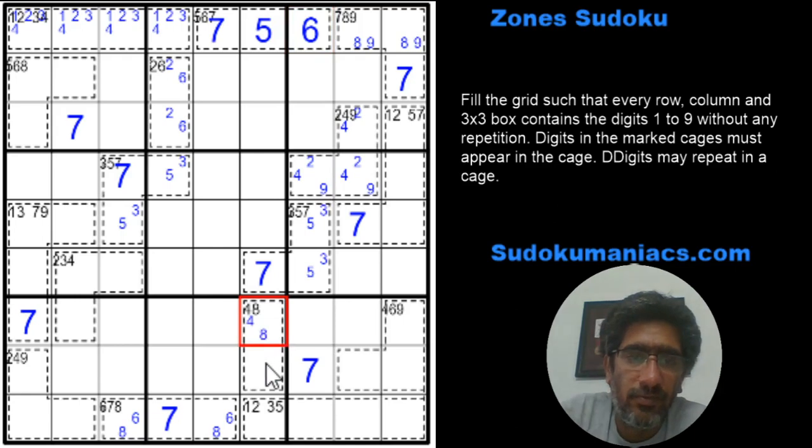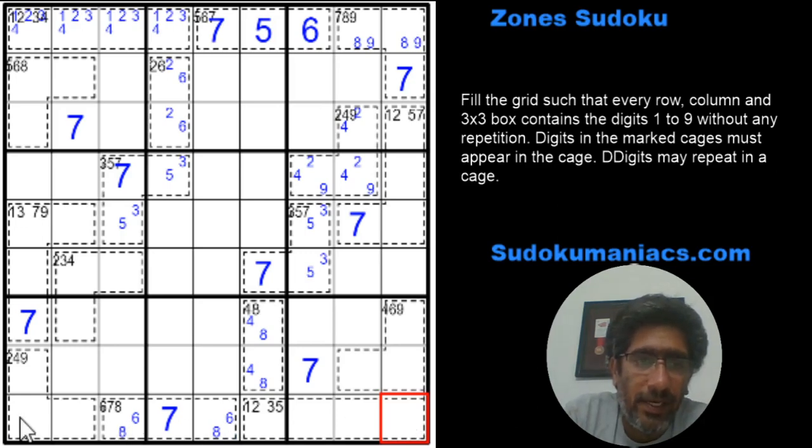So this is a 4, 8. Now again, 1, 2, 3, and 5 are locked here. 6 and 6, 7, 8 are locked here. So the remaining digits, just like what we did in the first row, the remaining ones are 4 and 9. That gives me a 2 here.